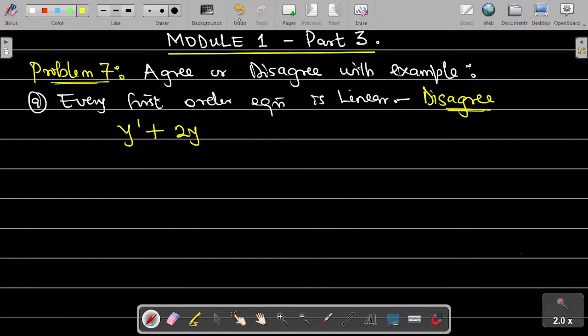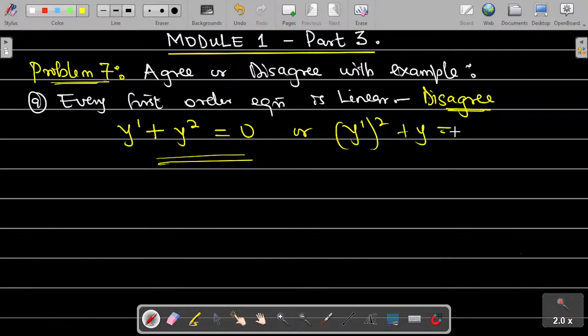If I have y prime squared equal to 1, this is a beautiful example of such a differential equation. This is first order, and then there is the power of 2. I can also write something like y prime raised to the power of 2 plus y equal to 0. This is also a first order differential equation, but it is non-linear.